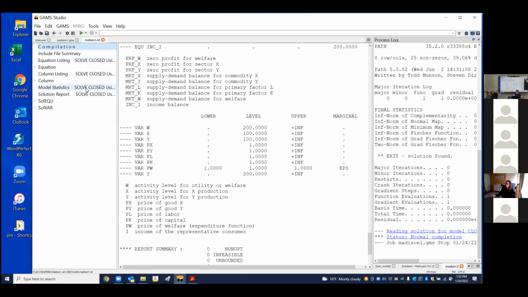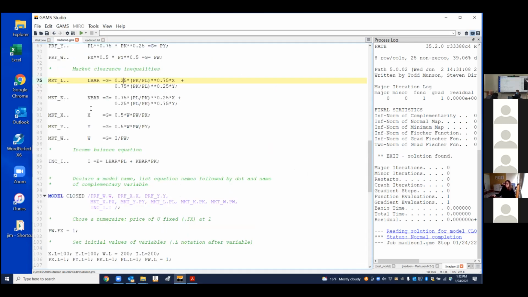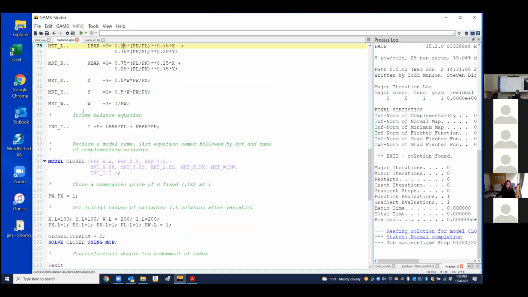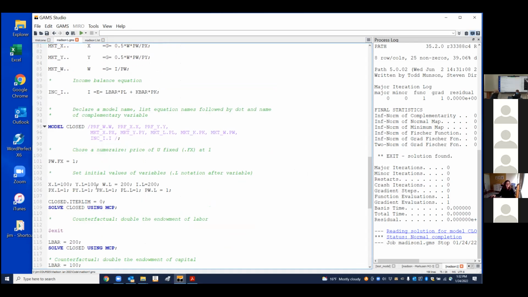Now, let me take one more minute to say how something can look like an error that's not an error. So you have to be careful with iterlim equals 0, because instead of this, suppose I just mistyped a starting value and I put in y.l equals 200. That's not really an error in my coding.